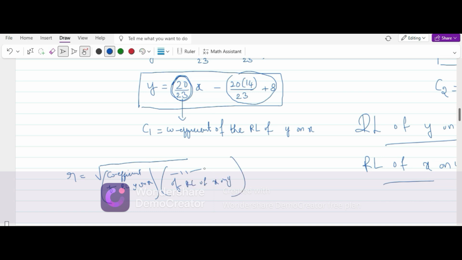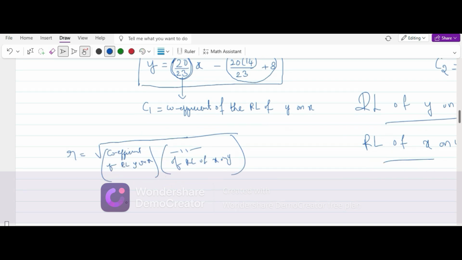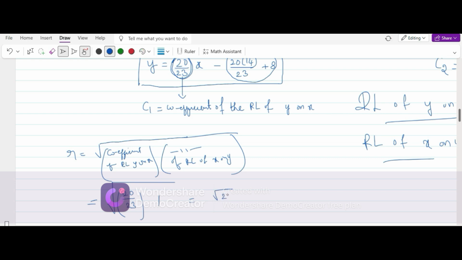So this is equal to the square root of, what is the coefficient of regression line of y on x? Which is 20 by 23. What is the coefficient of the regression line of x on y? Which is 1. So this is the square root of 20 divided by square root of 23. This is the coefficient of correlation.